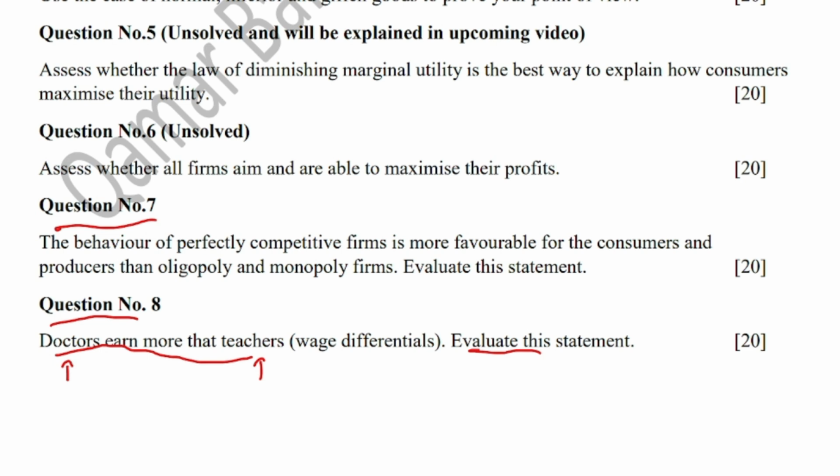So for this question, what should you do? Let me make a short marking scheme for that. For a 20-mark question, you have to accomplish three assessment objectives: assessment objective 1, assessment objective 2 and assessment objective 3.